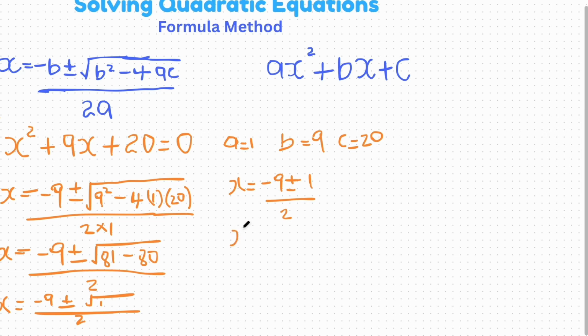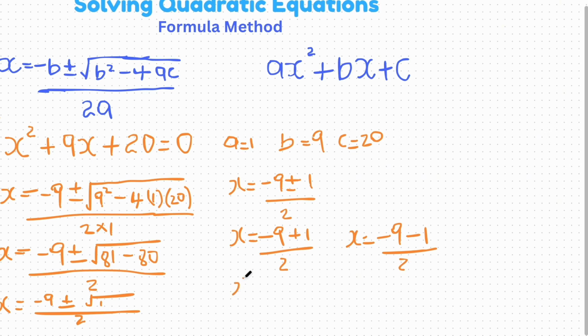We can now split it up, have our two equations. So x is equal to negative 9 plus 1 divided by 2, and x is also equal to negative 9 minus 1 divided by 2.